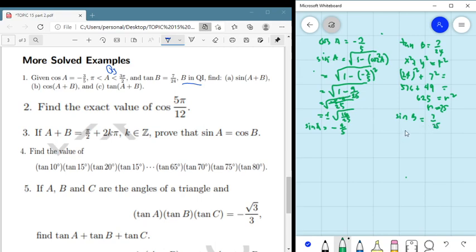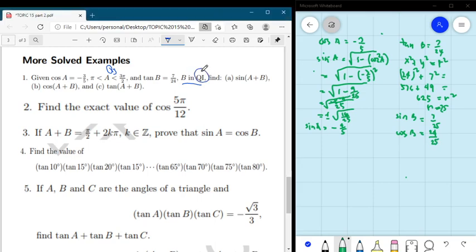And then cosine beta is equal to 24 over 25. So I think you should correct your notes. Since it is given that beta is in quadrant 1, sine beta and cosine beta must both be positive.